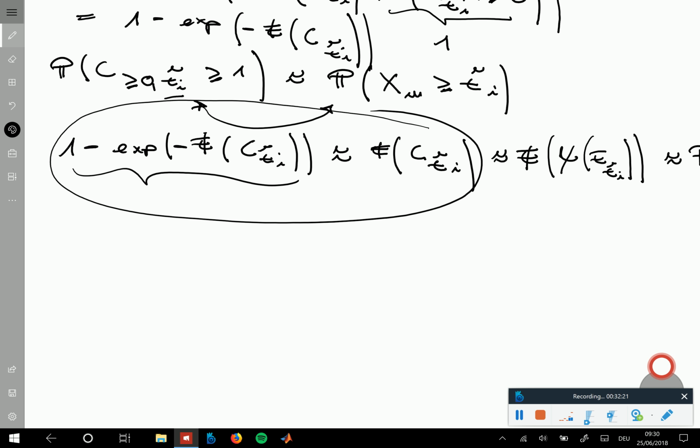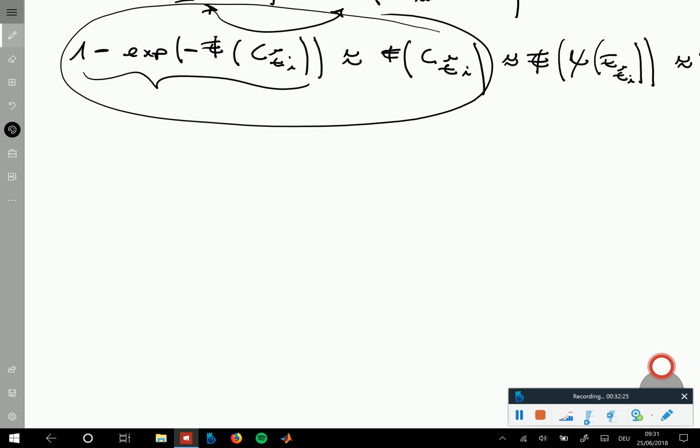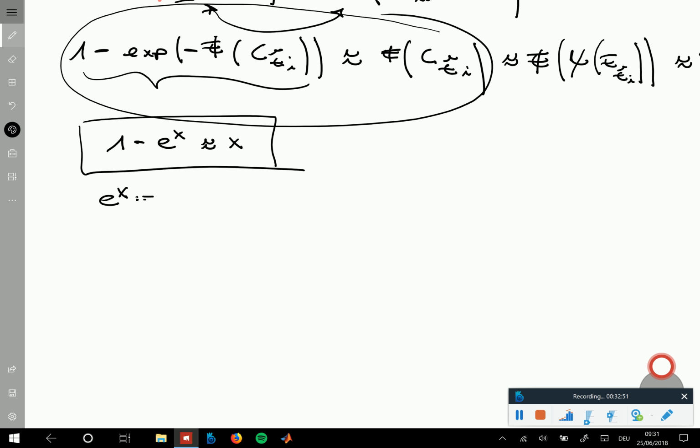And the question then is, how good is this approximation? What this approximation actually says is that 1 minus e to the minus x is approximately x, which is something one can think about, why this might be the case. This is what I looked into a little bit in the proof of 7.10. So this relates to the series definition of the exponential function.